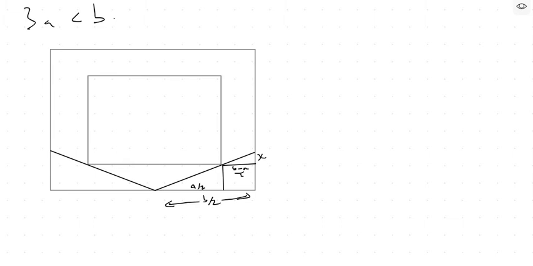Okay, so let's use the same trick that we did before, where we see that different colour. This triangle here is similar to this triangle here. So let's draw these.